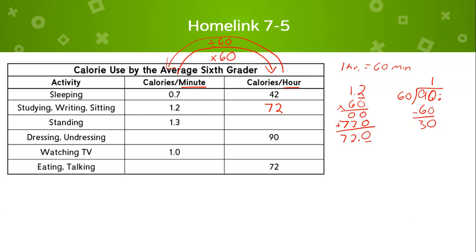I'm going to add my decimal, add a 0 and bring it down. 60 goes into 300 5 times. And so my answer is 1.5. Okay, so it takes 1.5 calories per minute of dressing and undressing. Finish the chart on your own and then pause the video while you work and then continue the video.